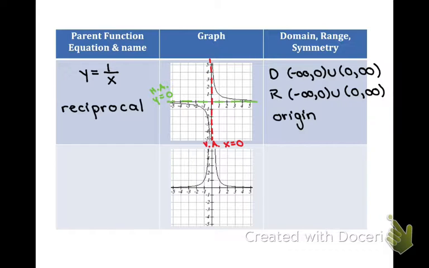All right, and our very last parent function is y equals 1 over x squared. This is the reciprocal squared function. So keep in mind that when I square something, it makes it positive.